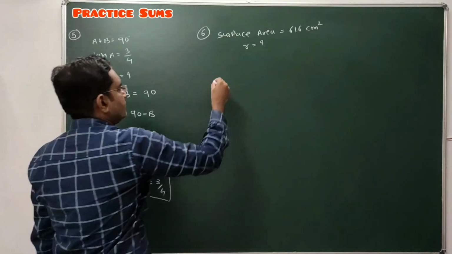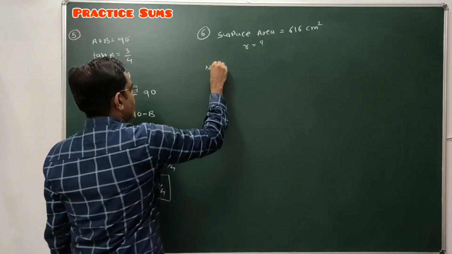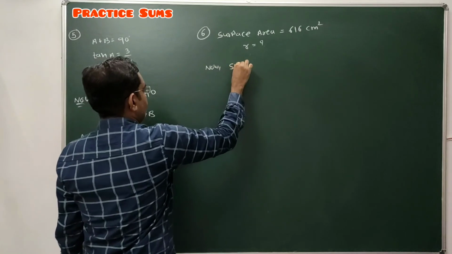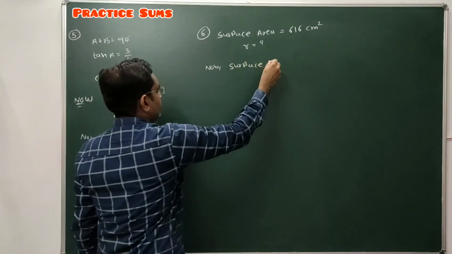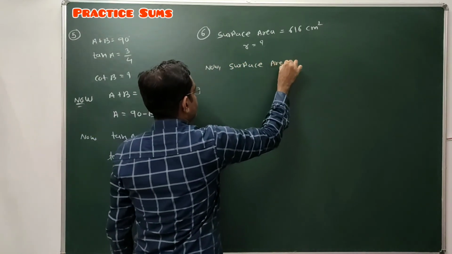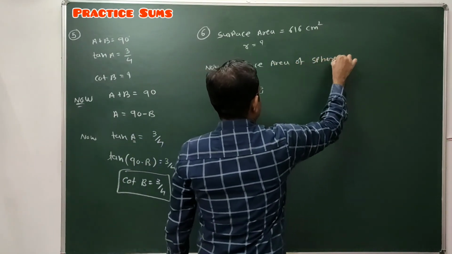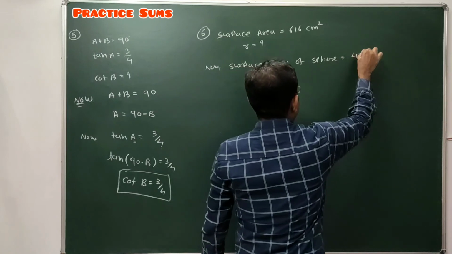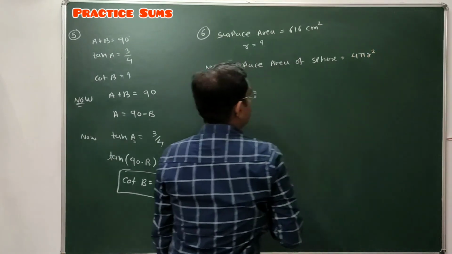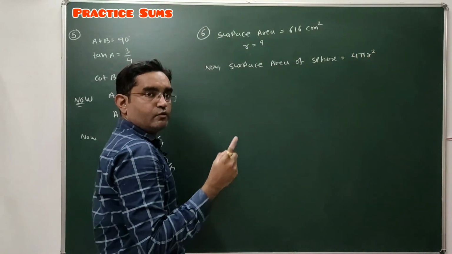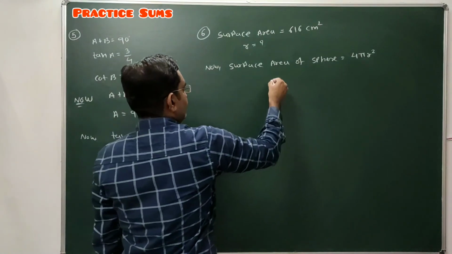So what is the formula? So now surface area of sphere is equal to 4 pi r square. Surface area of sphere is 4 pi r square, and that is given.